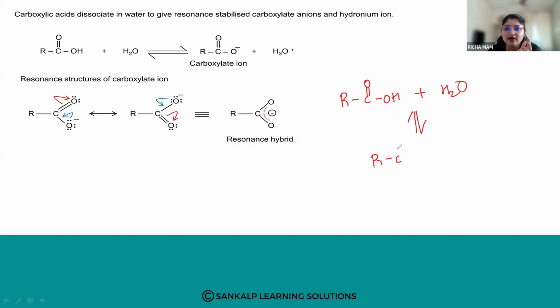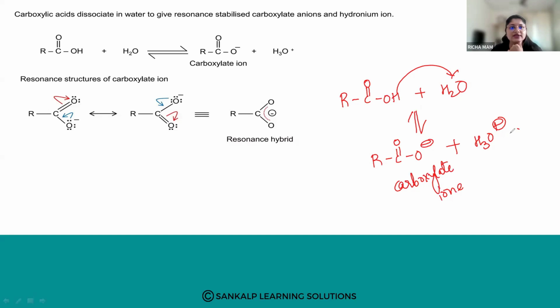You will get a carboxylate ion, and H plus will combine with H2O to give H3O plus, the hydronium ion. So this is the reaction with water. When carboxylic acid is added in water, it will split up into carboxylate ion and hydronium ion.